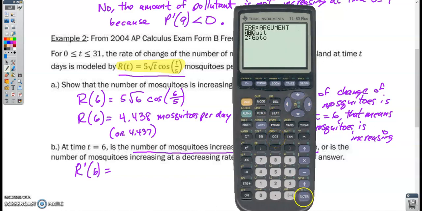There we go. Now I have an extra parenthesis. This is what happens when you're punching stuff into your calculator. There we go, finally.